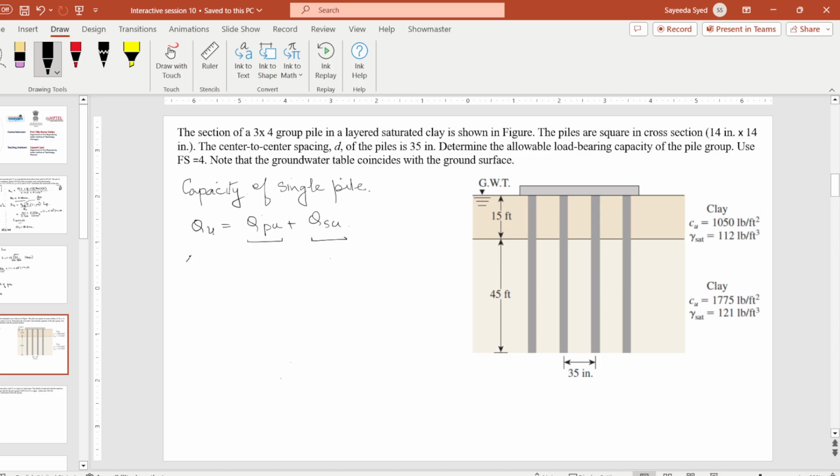And for clay soils, because last class we only did sandy soils, sorry, I need to write soil. So we did not discuss the clay soil.